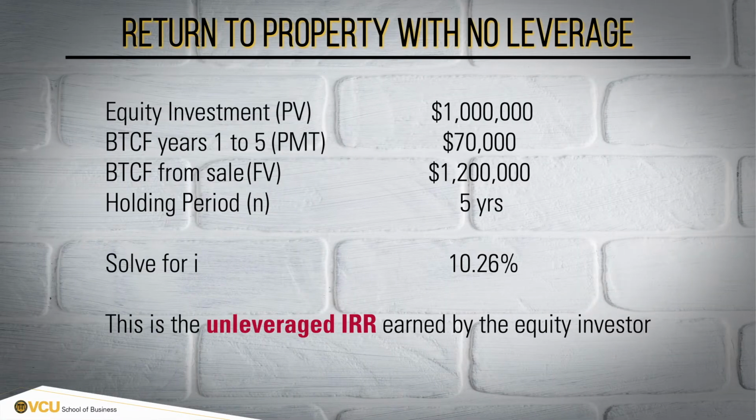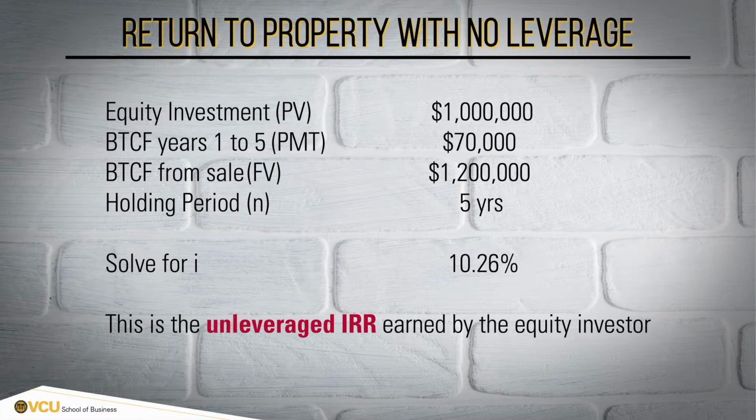If you and I had just paid cash for this thing and not borrowed any money, then the cash flows would have looked something like this. We would have paid out $1 million at time 0. We would have received $70,000 a year in cash flows. No debt, of course, so that's net. Our before-tax cash flow when we sell it then would be all of the proceeds from sale, and that's $1.2 million.